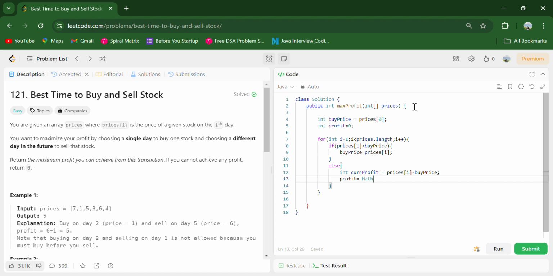and the profit is the max of the current profit, and we need to return the profit. Return the profit.